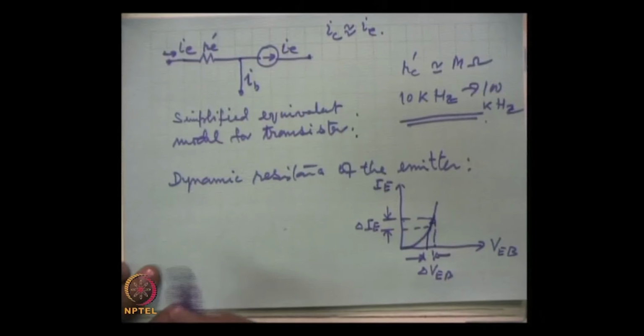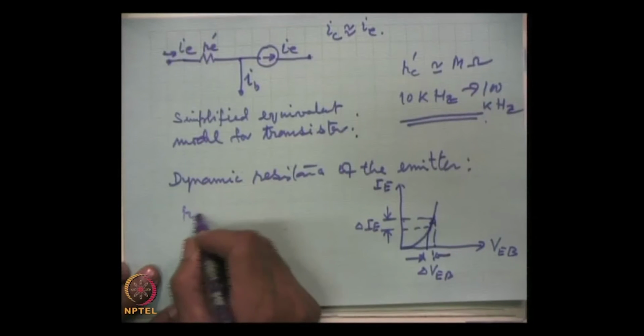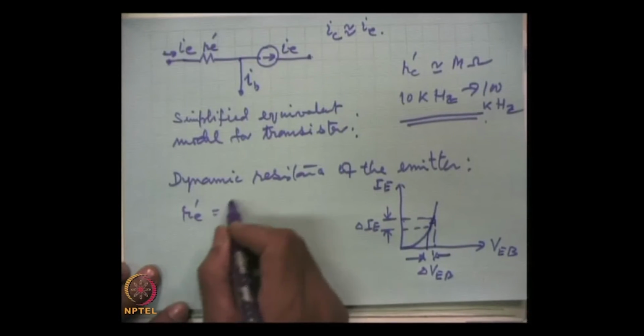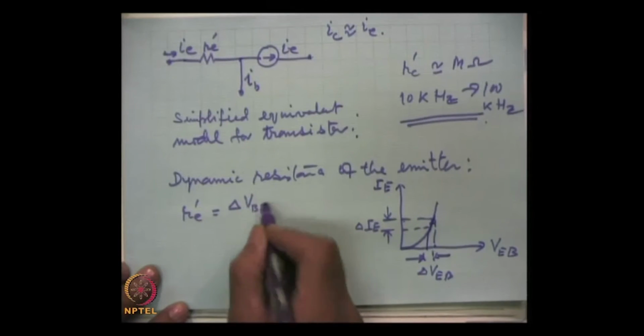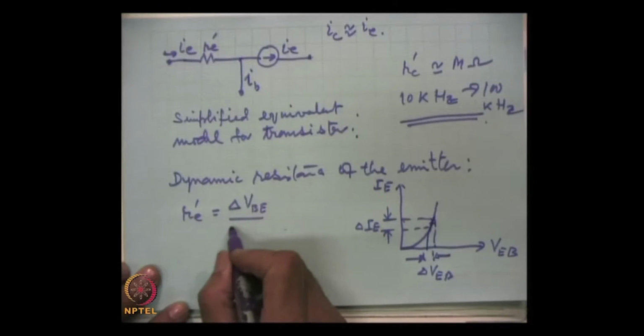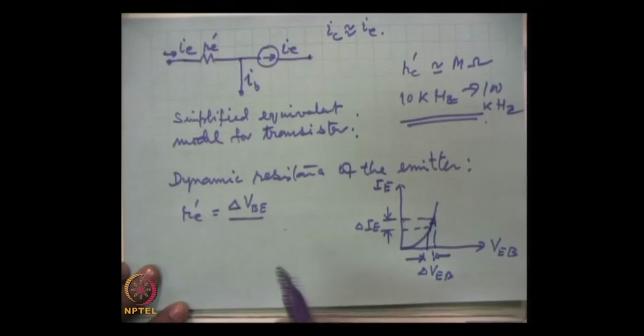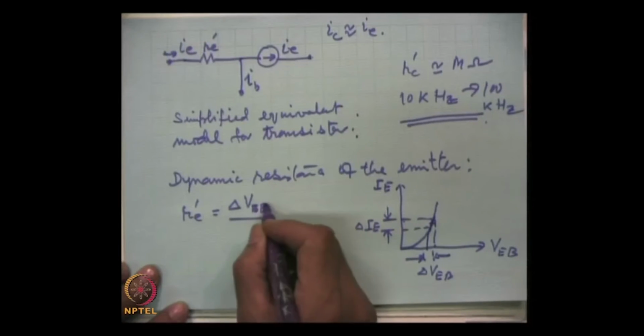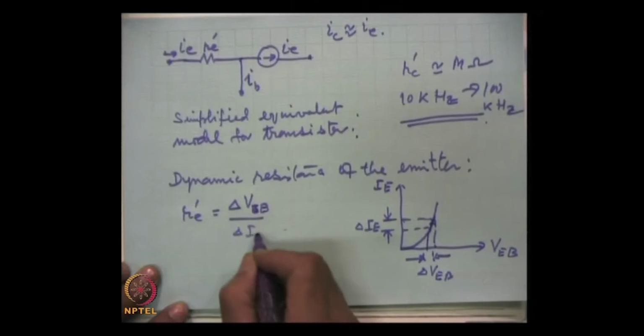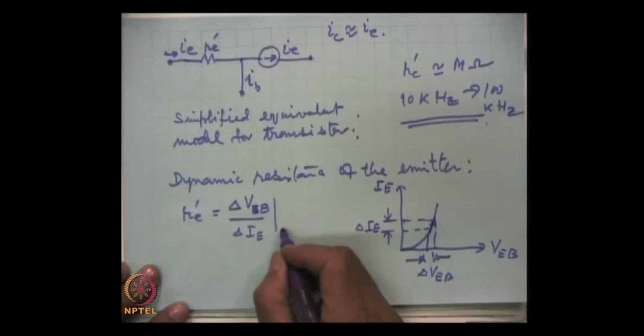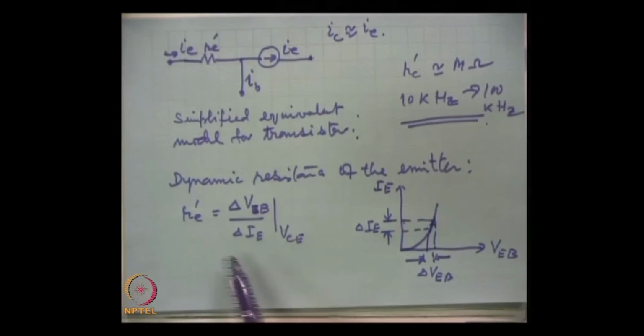The ratio of the two gives you R E prime, at a fixed value of V C E. This is how the dynamic resistance of the emitter is defined.